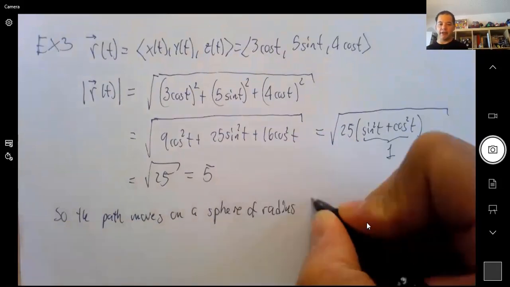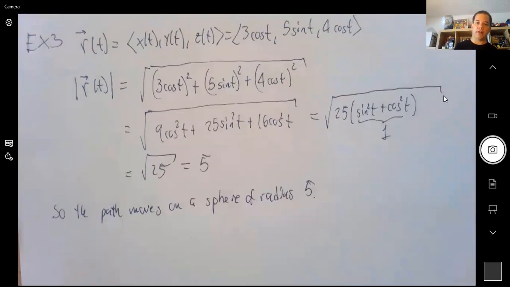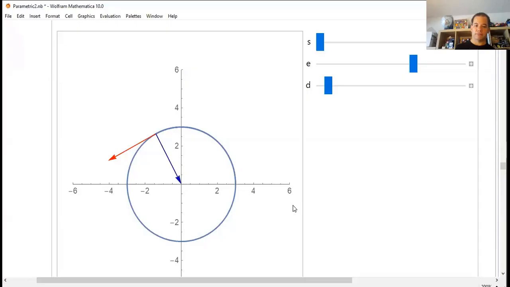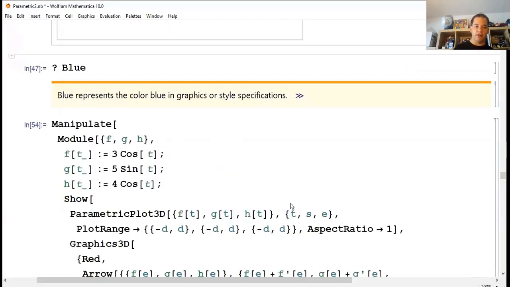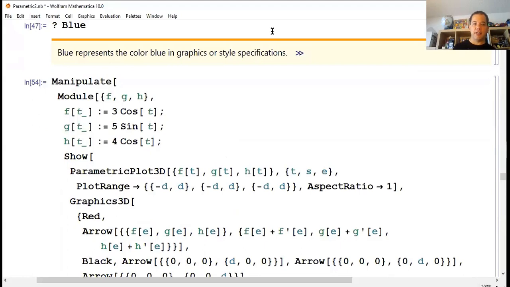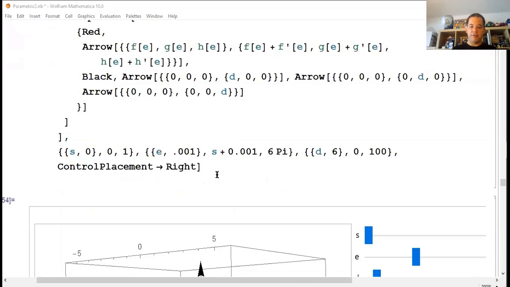All right? Let me show to you. I did an animation of that one. It's my next one here. You can see right here my definitions, just exactly like the ones we were doing. So the x function is 3 cosine t, the y 5 sine t, and the z 4 cosine t. Okay? And then here it is.